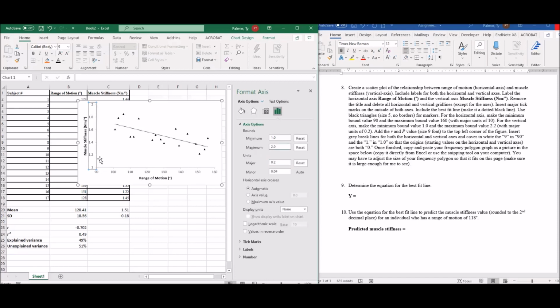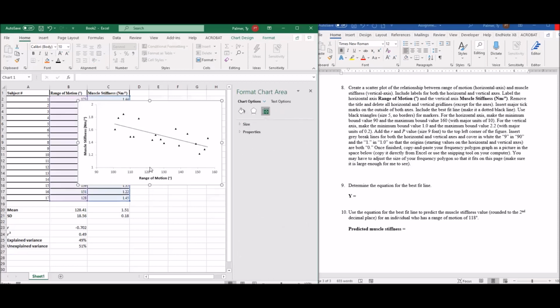So now in between each value, right, we've got 0.2. Okay, it goes up by 0.2 in between each one. All right, that looks pretty good right there. So we've changed now the horizontal and vertical axes. We've changed the bounds. That looks good, showcasing our data.